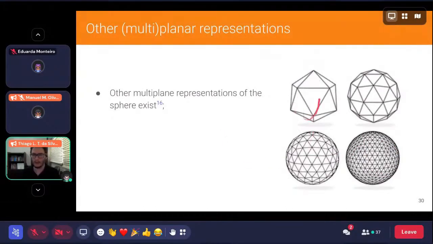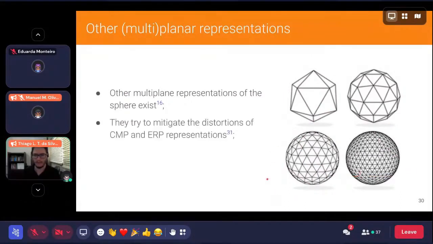Here we have an icosahedron that we call an icosphere when it matches or almost matches the sphere. But we have other kinds of subdivisions here too, and these all can be used to represent the spherical information.